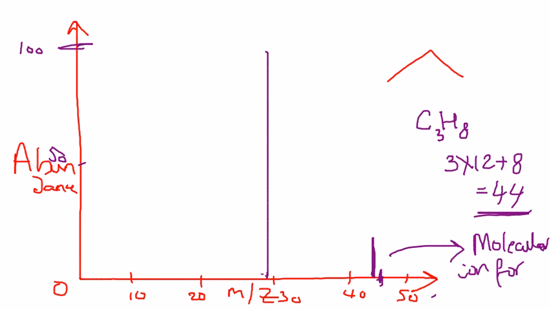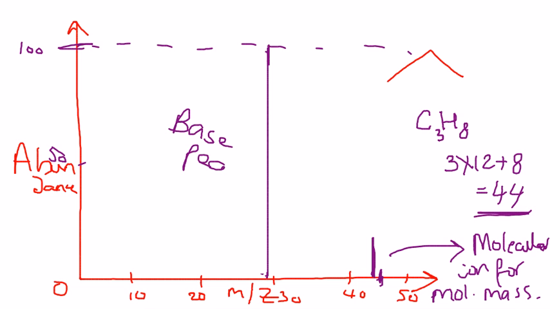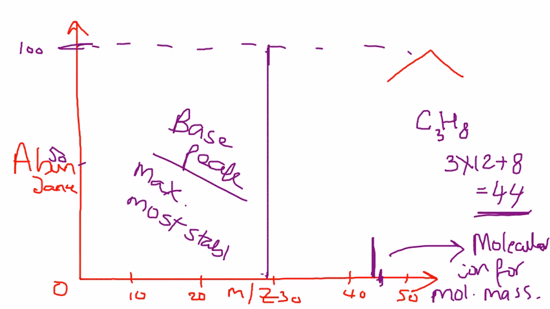The maximum that you get, which is the 100%, is what is called the base peak, and that is the peak which corresponds to the most stable carbocation.